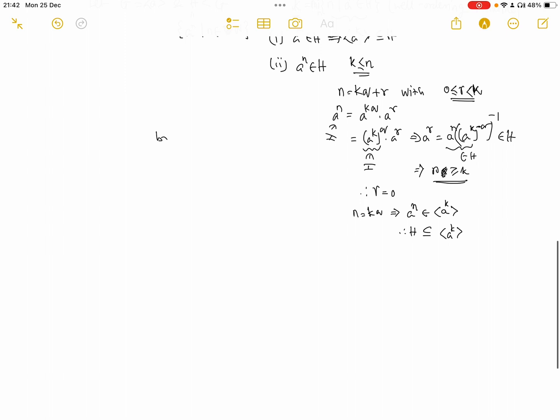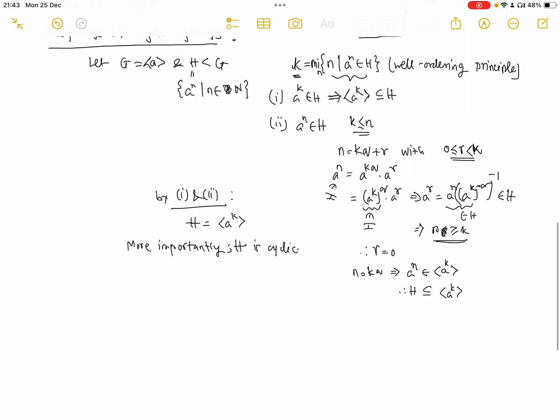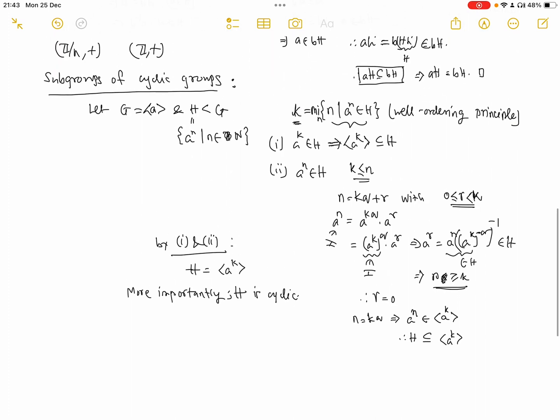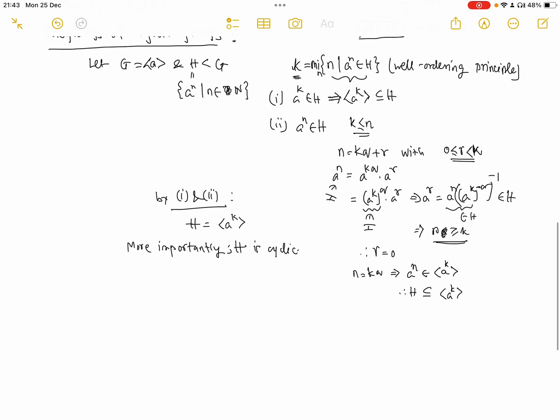So combining these two, we get H is generated by some power of A. And more importantly, H is cyclic.